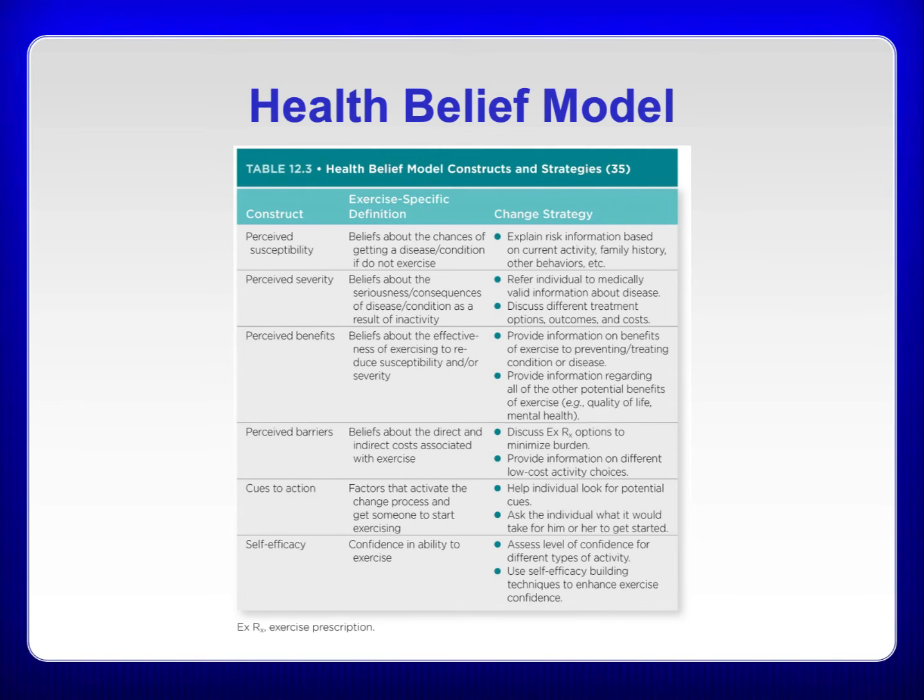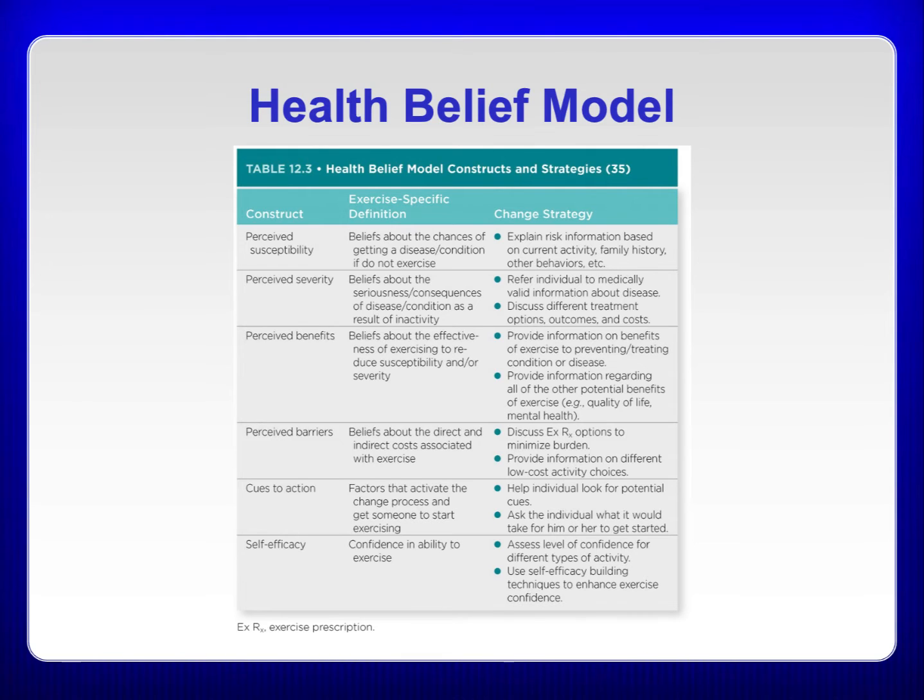Beliefs about the seriousness of the condition. Perceived benefits: beliefs about the effectiveness of exercise to reduce the susceptibility and the severity of the disease. Perceived barriers: beliefs about the direct and indirect costs associated with exercise. Cues to action: factors that activate the change process and get someone to start exercising.